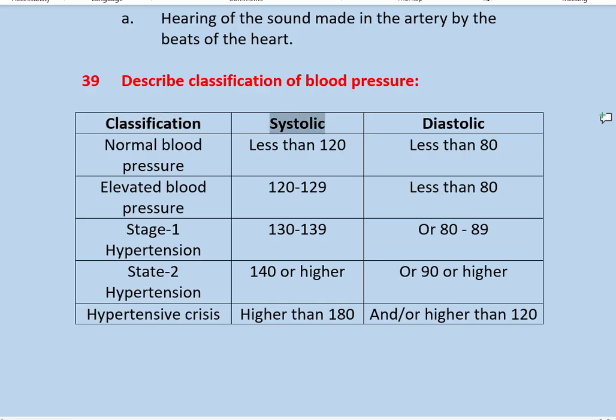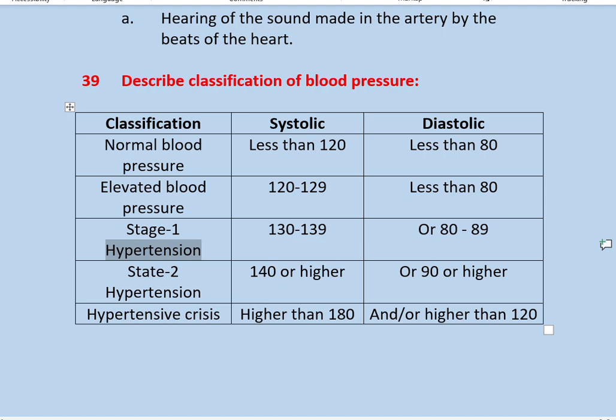Classification: systolic, diastolic. Normal blood pressure: less than 120, less than 80. Elevated blood pressure: 120-129, less than 80.